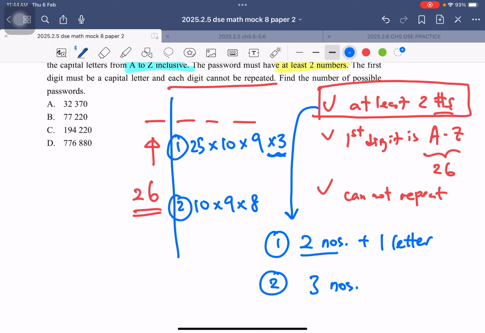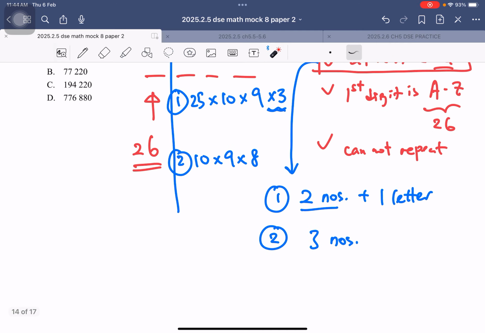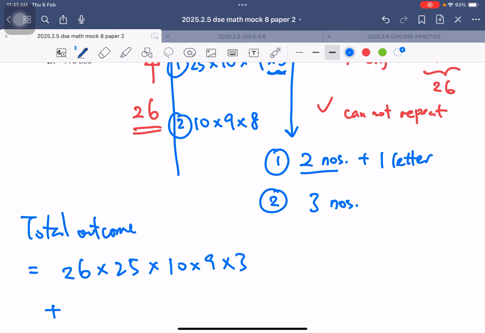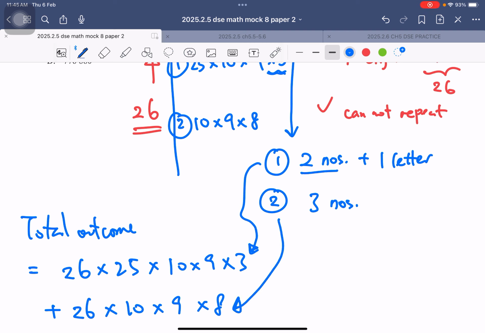So the final answer is going to be, this is the first case, this is the second case. The total outcome is going to be equal to 26 times 25 times 10 times 9 times 3, this is the first case, and then you plus the second case, which is 26 times 10 times 9 times 8. Understand what I mean?